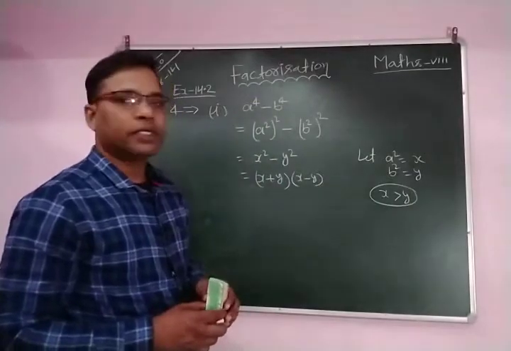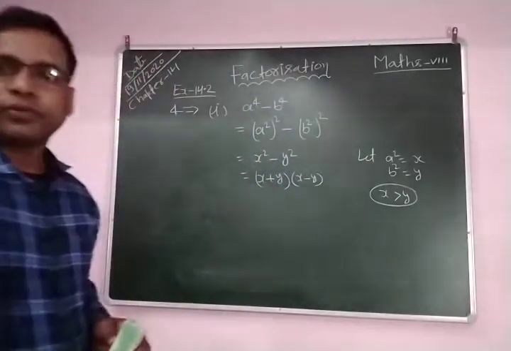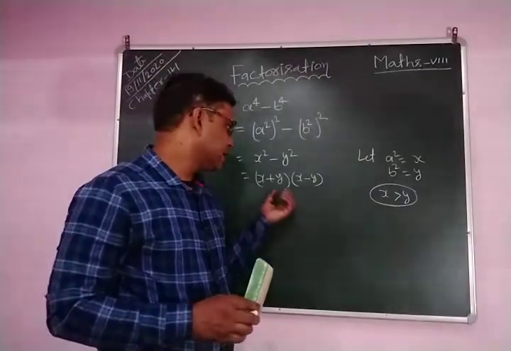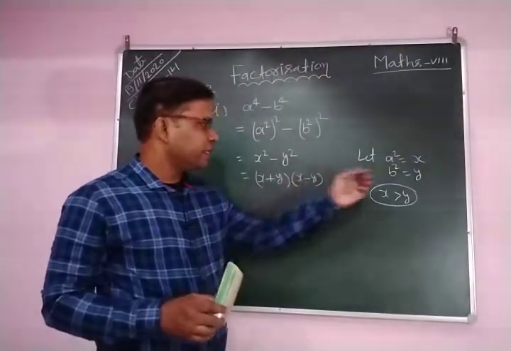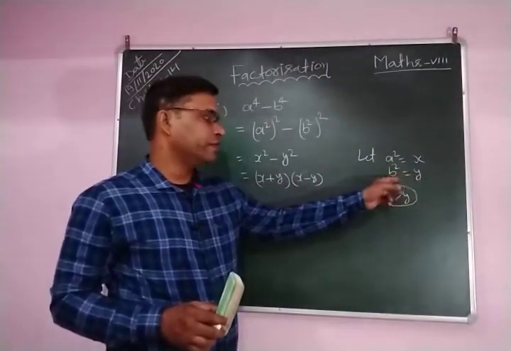So this is equal to (x plus y)(x minus y). What is x here? We let x equal a square and y equal b square.